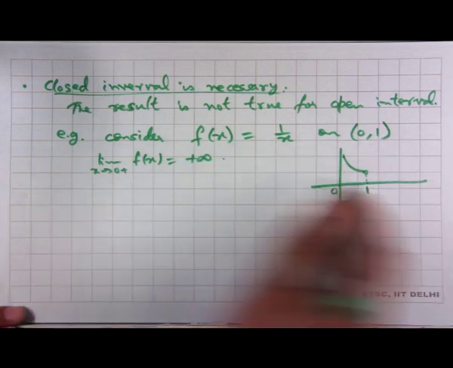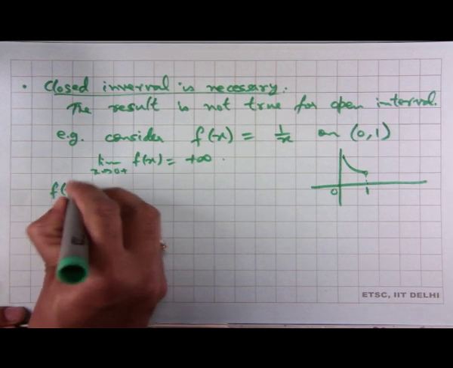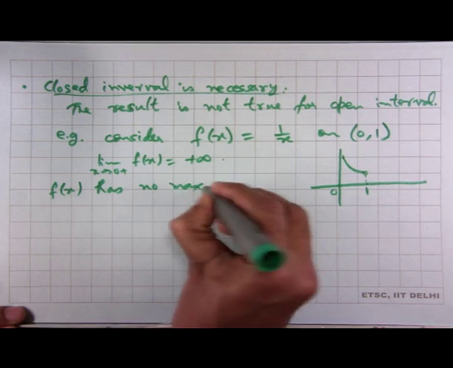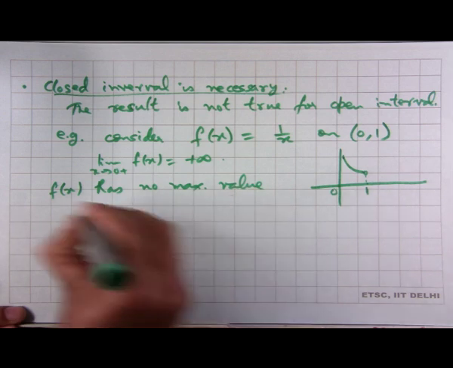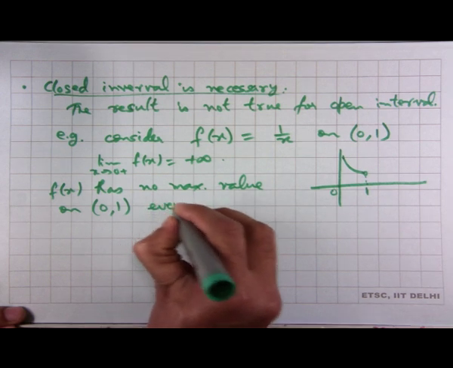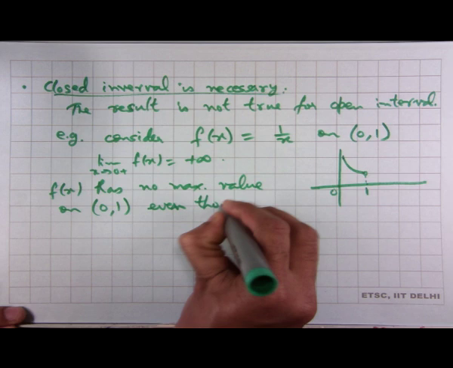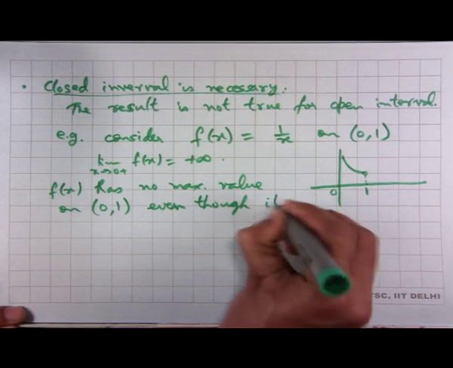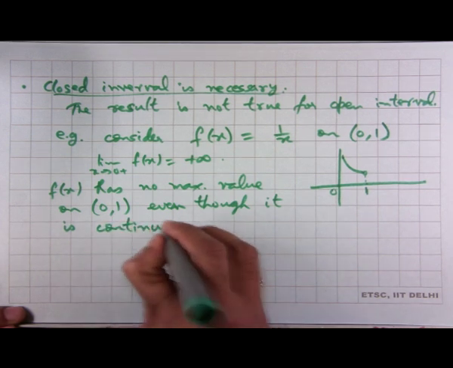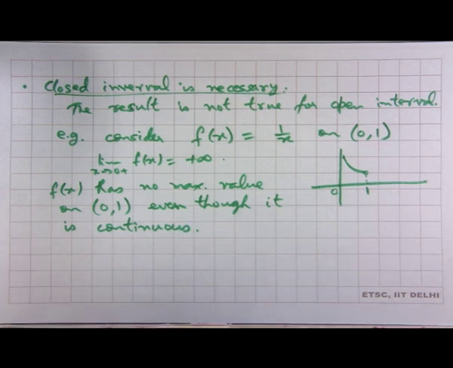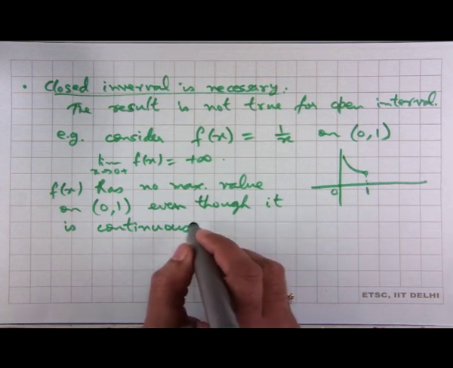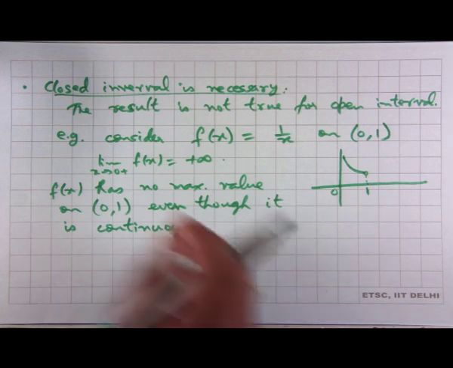So, again this function f of x has no maximum value on the open interval 0 1, even though it is continuous. So, we require both the continuity as well as the interval being closed for this theorem to be true.